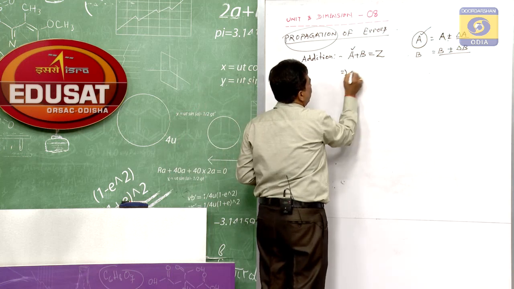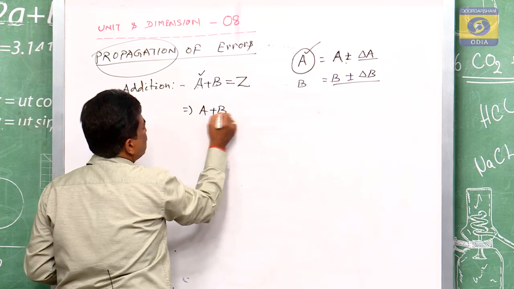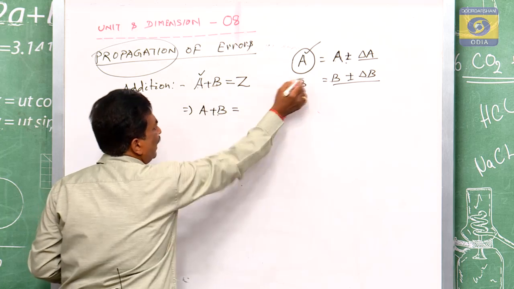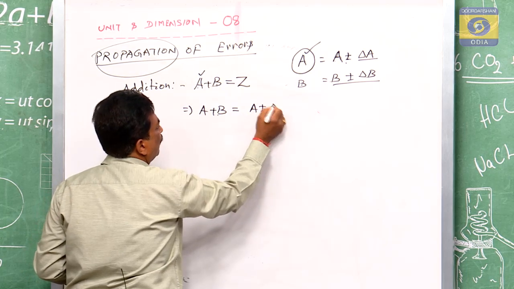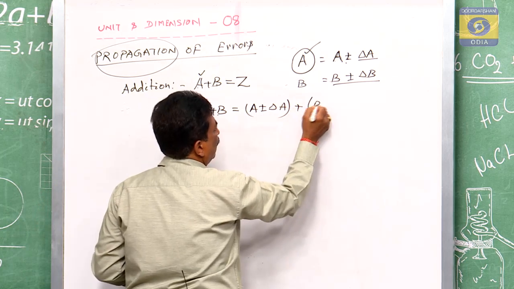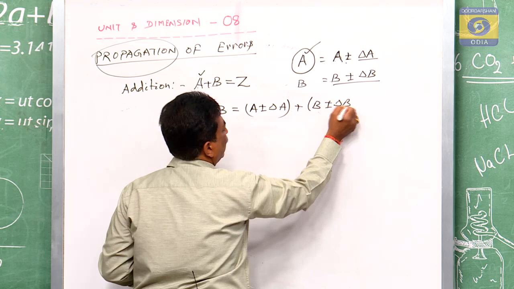So A plus B is equal to A plus or minus del A, plus B plus or minus del B.